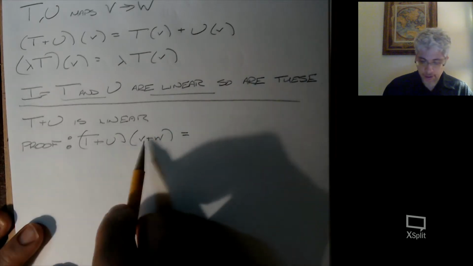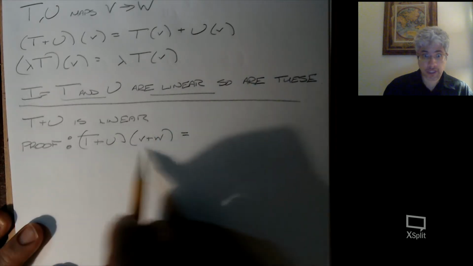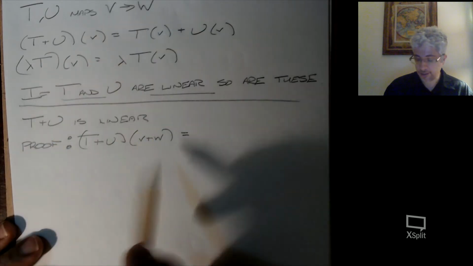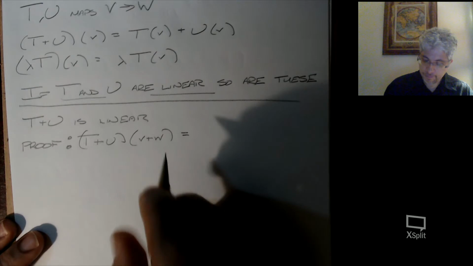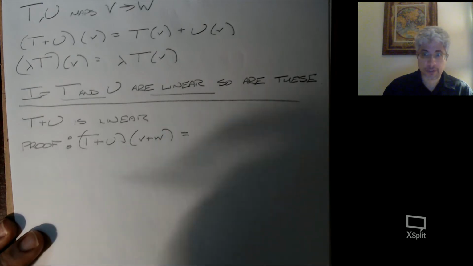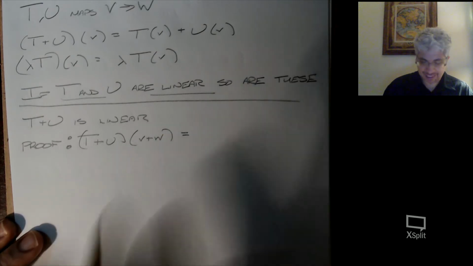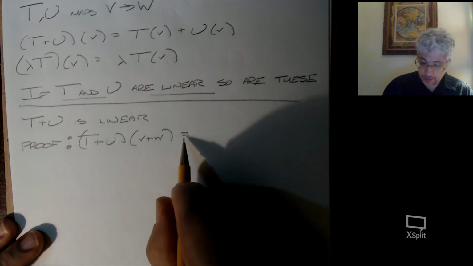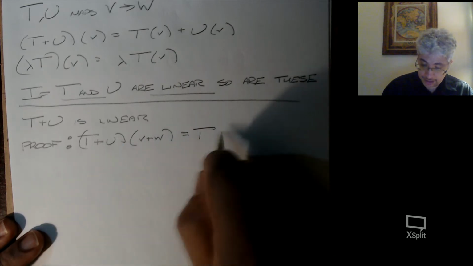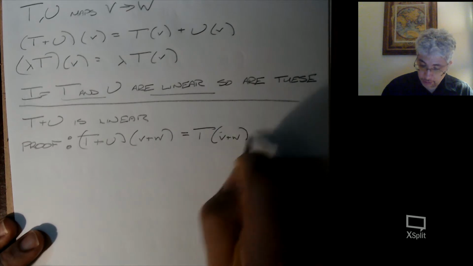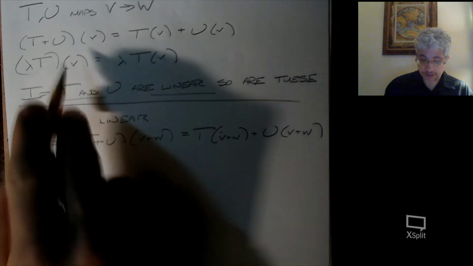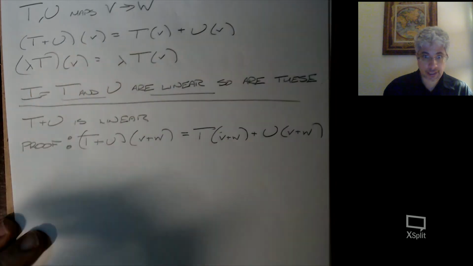It might be a little confusing because v and w are both in V, but I could call them a plus b; let's just leave it like this. So what is this defined to be? This, by definition, is T of (v plus w) plus U of (v plus w), because that's how we find out where T plus U takes things.